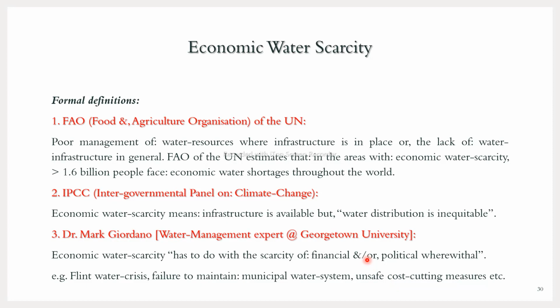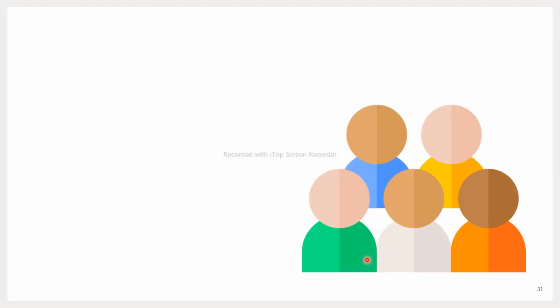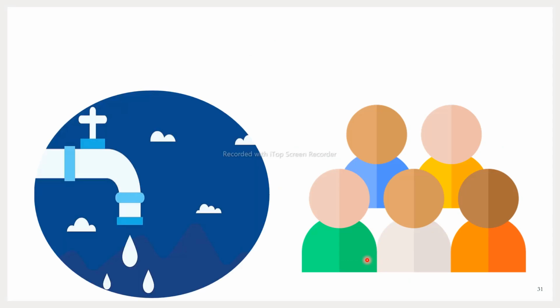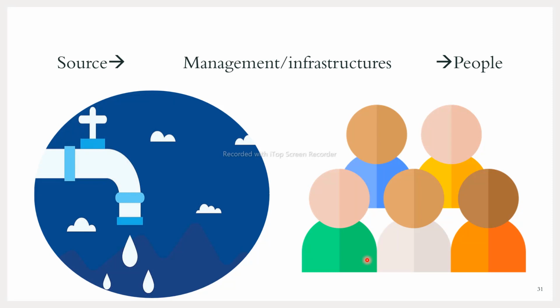So what does this definition basically mean? Basically, economic water scarcity means that there are people, and there are water resources, but the proper management or proper infrastructure is not available for transferring that water from the source to the people who need it.